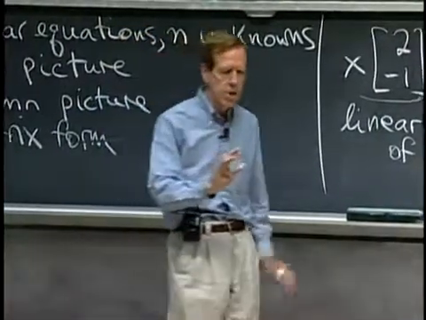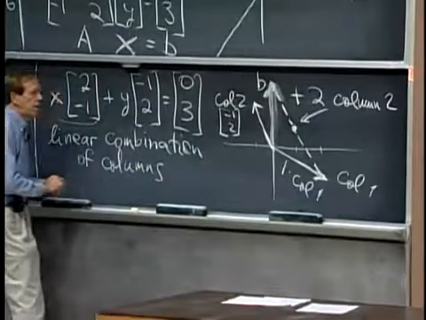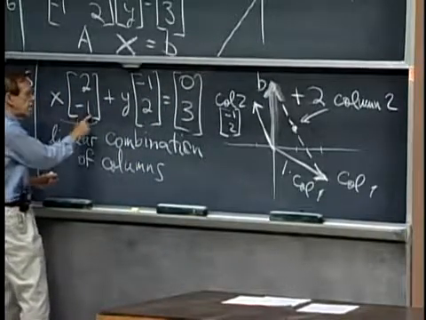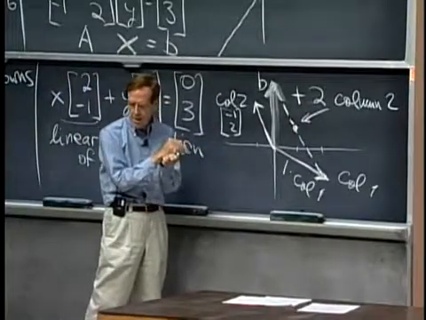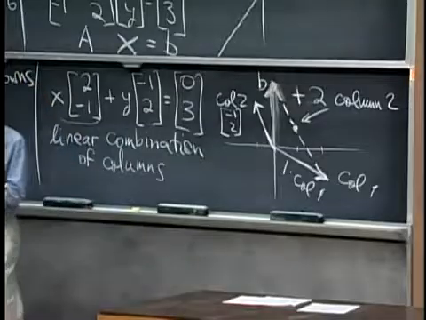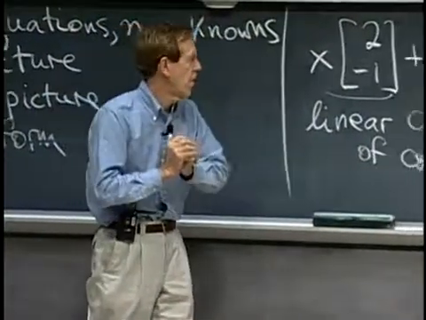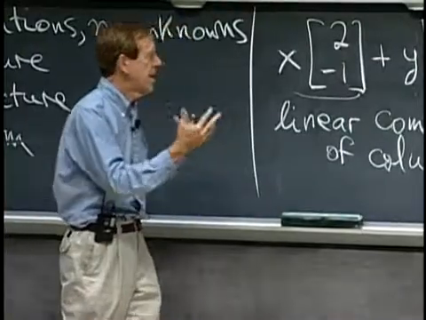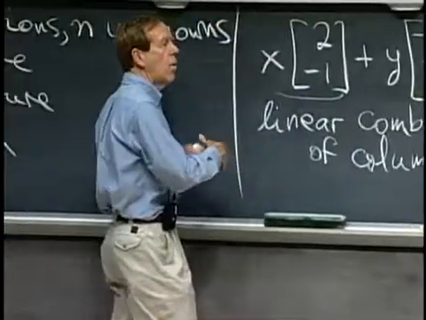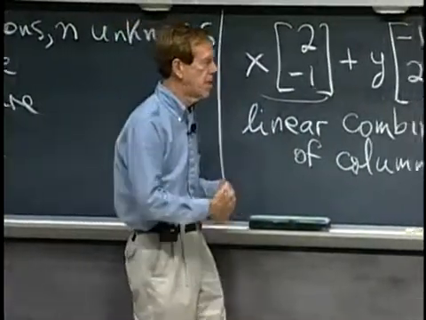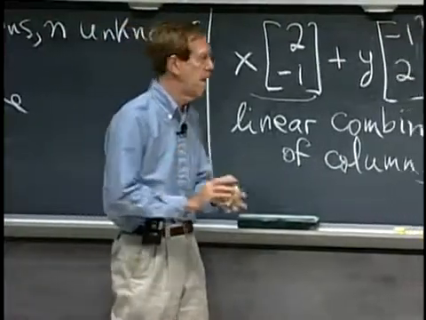And actually, the result would be that I could get any right-hand side at all. The combinations of this and this would fill the whole plane. You can tuck that away. We'll explore it further. But this idea of what linear combination gives b and what do all the linear combinations give, what are all the possible achievable right-hand sides b, that's going to be basic.